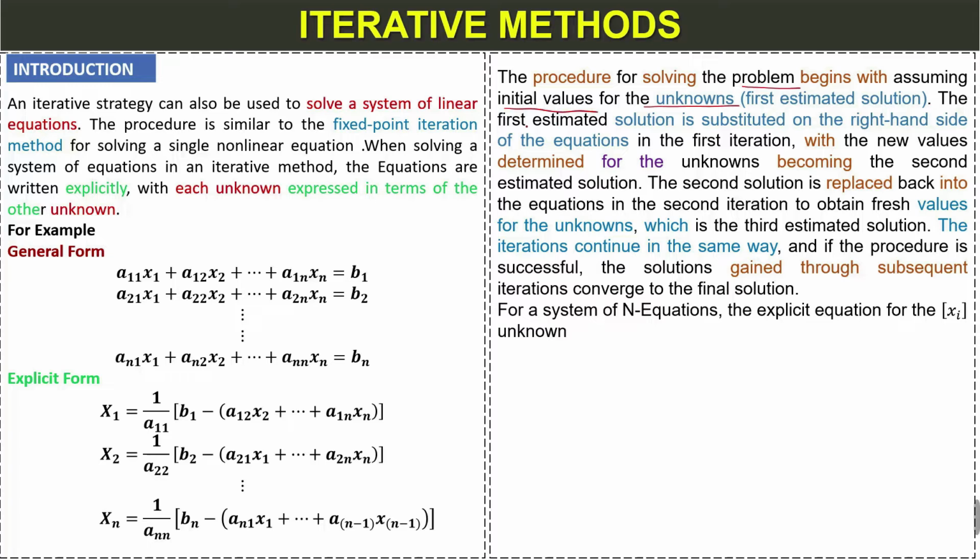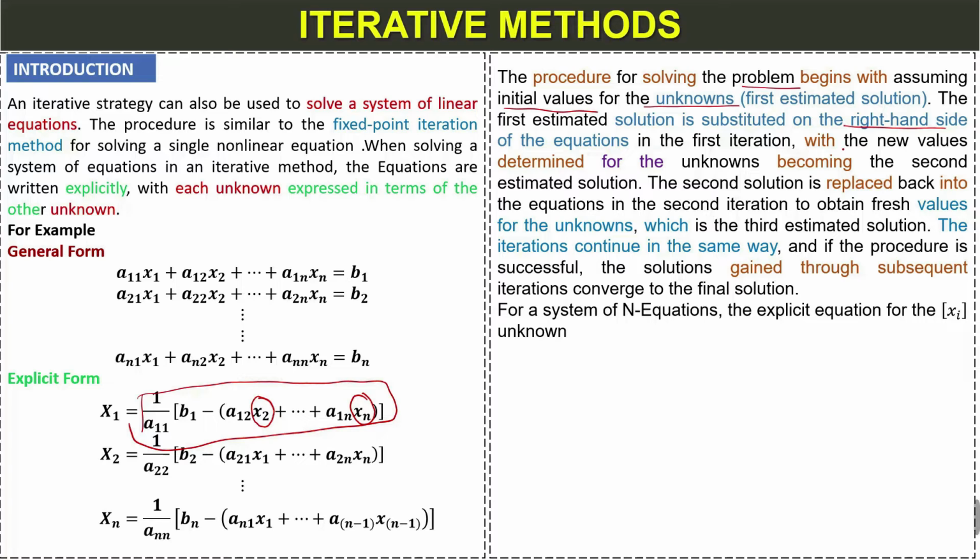The initial guess is substituted on the right hand side of the equations in the first iteration. For example, this is the right side, and we substitute the initial guess of these unknowns.